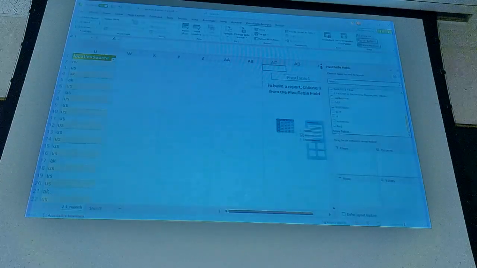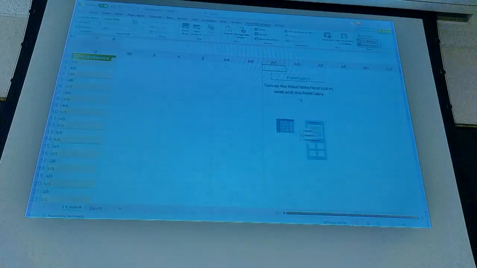What's this? Turn on pivot table field list.